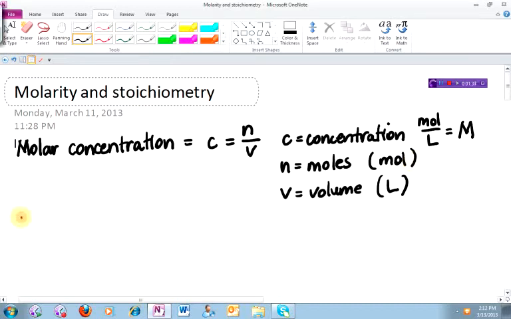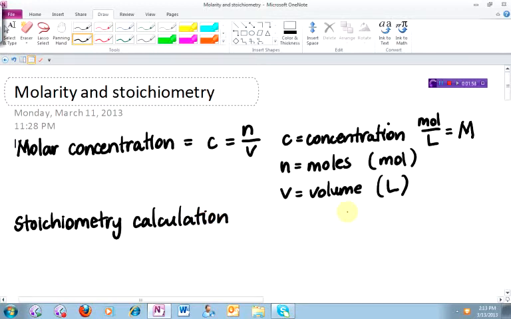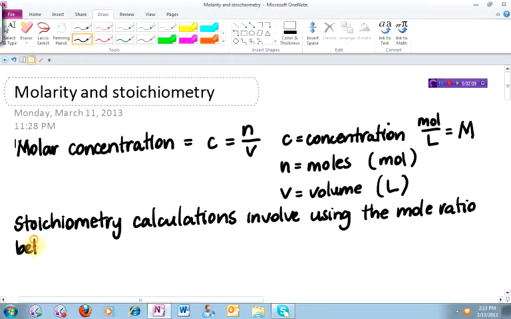Now remember, in stoichiometry, we looked at chemical reactions, and we had a chemical equation that we needed to ensure was balanced. And with stoichiometry calculations, we always have to use a molar ratio, or a mole ratio, pardon me, between reactants and products.